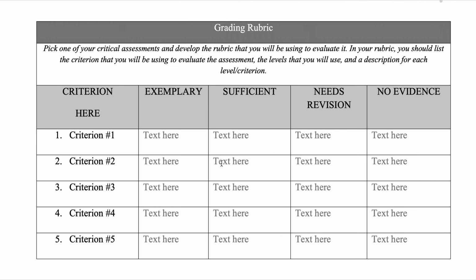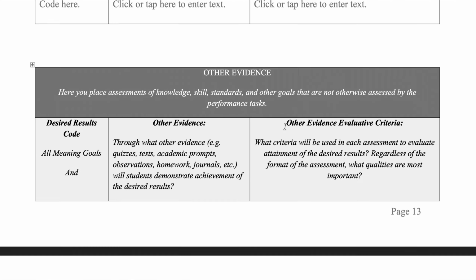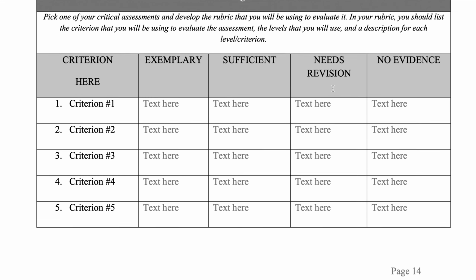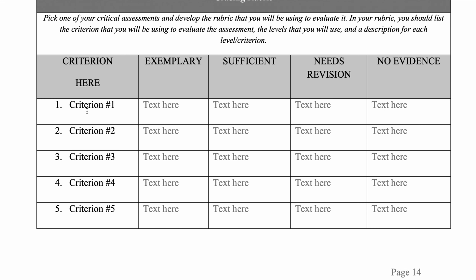Now, for your grading rubric, you will be putting whatever evaluative criteria you have indicated. This will go in the section where it says criteria number 1.